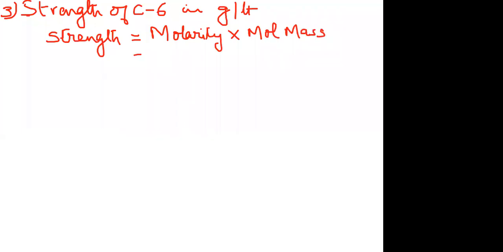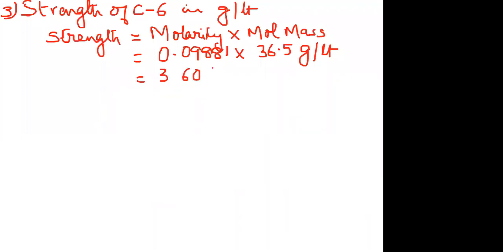Molarity we just calculated and we got the answer as 0.09881. And the molecular mass of HCl, we can calculate by adding the atomic masses, and this comes equal to 36.5 grams per liter. When we multiply this, the answer that we get is 3.606 grams per liter.